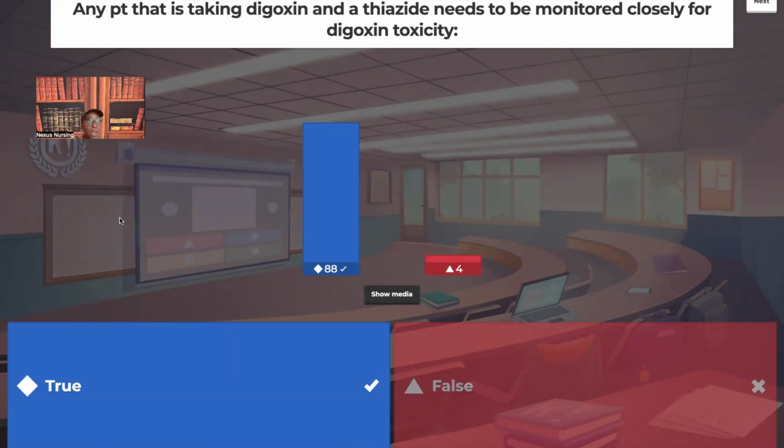If the patient is on digoxin and they're also taking a thiazide diuretic, the reason we're concerned is because we understand that hypokalemia can cause the patient to go into dig toxicity. And guess what? If you're taking a thiazide diuretic, you're urinating all over the place, you're losing potassium all over the place, right?